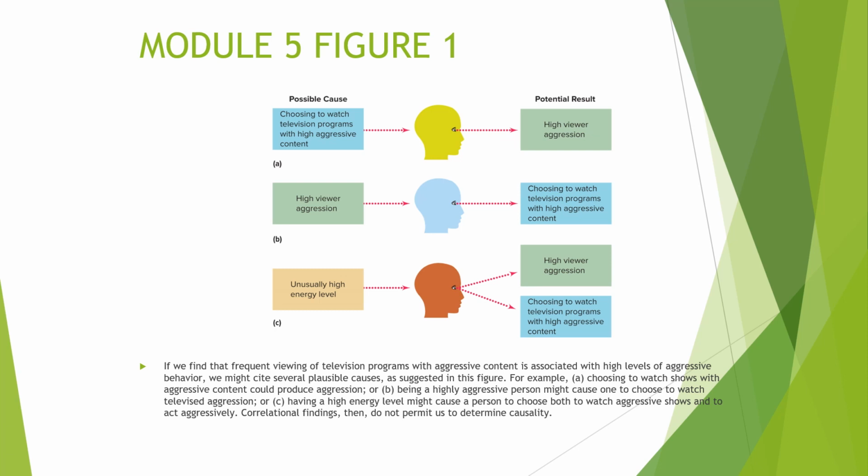There may actually be this third variable, and that is what you see in letter C. You may have someone who watches a lot of aggressive TV programs, and they themselves have high aggression. However, because these two are not in a cause and effect relationship, it may be that there is an unusually high energy level with those individuals.